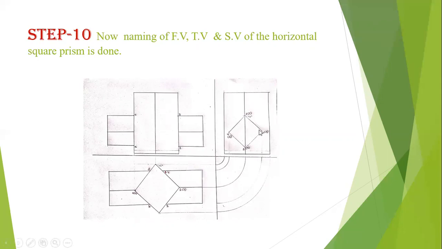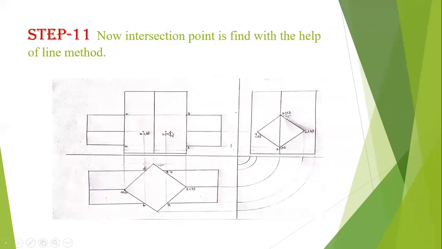If I project one point from the side view and from the top view, the point where they intersect gives the point in the front view. That is, I have projected 2 from here and 2 from here, and they intersect here, which gives point 2, shown here.